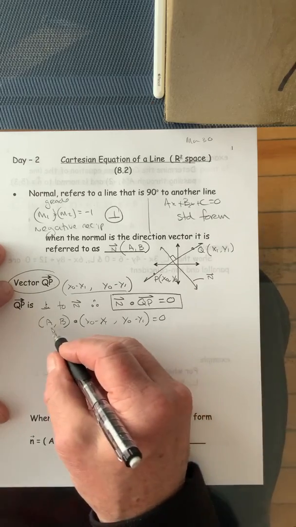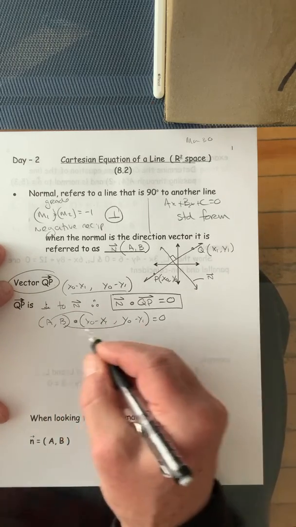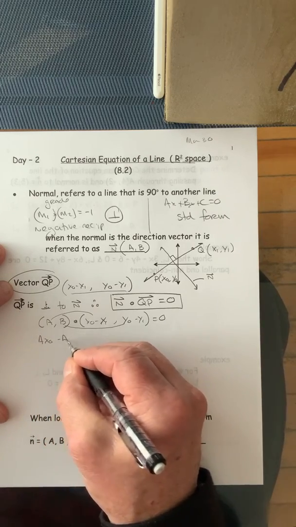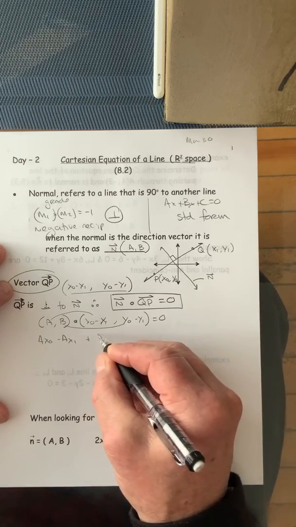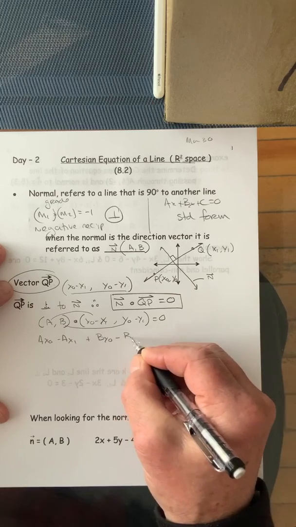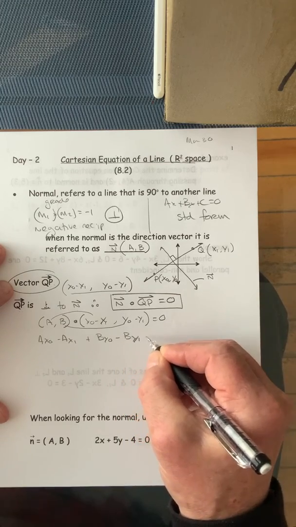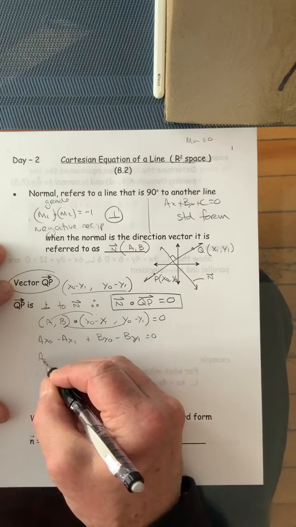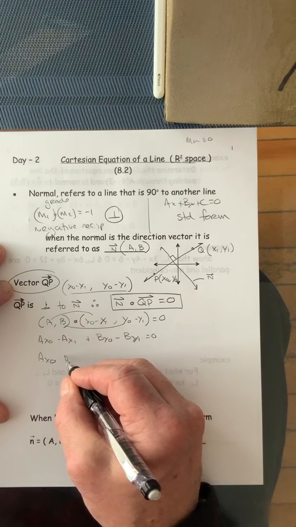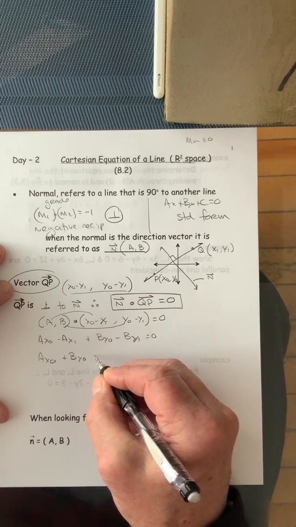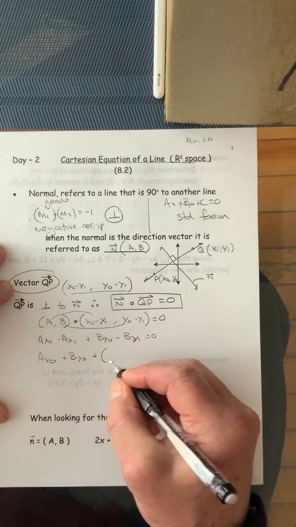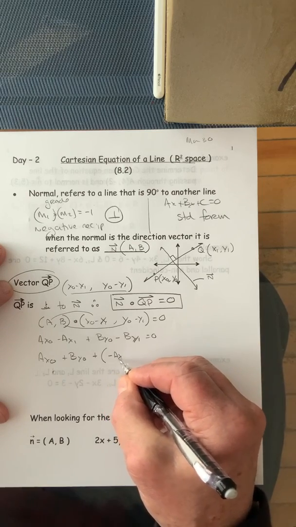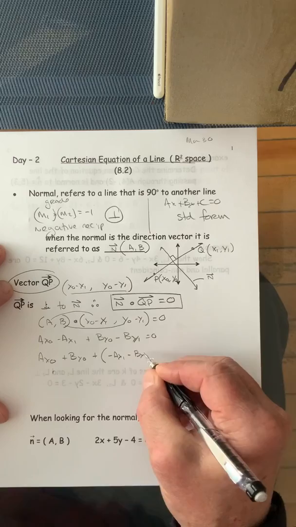Do the dot product and I will get a times these two, b times these two: a x aught minus a x1 plus b y aught minus b y1. That equals 0. Rearrange this slightly and I will get a x aught plus b y aught plus negative a x1 minus b y1.